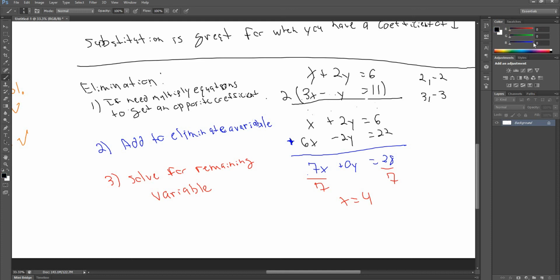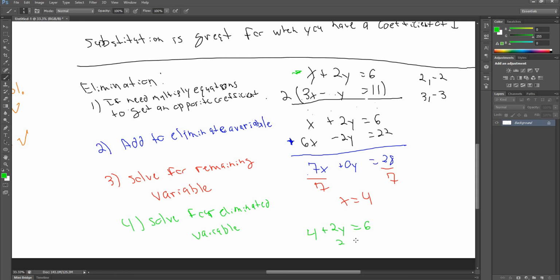And using green, we will solve for our eliminated variable. We do this with one of our original equations. I'm just going to use this first one. So I'd have 4, which is x, plus 2y is equal to 6.